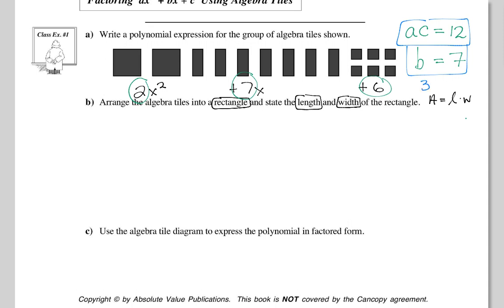The two numbers are 3 and 4, right? These are the two numbers. So that means you're going to need to split up these rectangles into two groups, 3 and 4. Okay, so let me show you how to construct this.